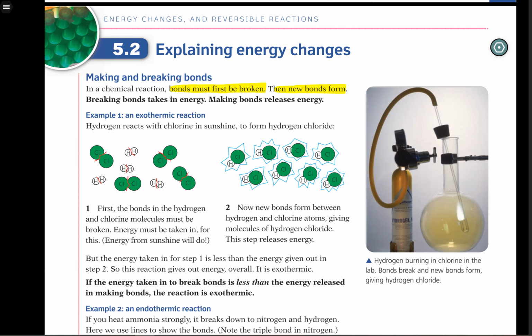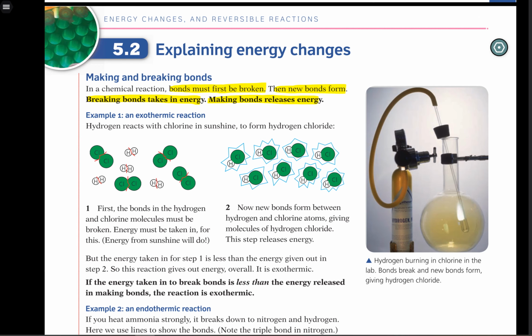So we have two steps. In the first step, we have to break the bonds between the reactants. In the second step, the new bonds form to make the products. Breaking the bonds takes in energy, making the bonds releases energy.